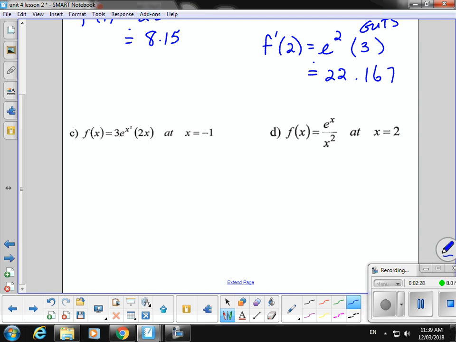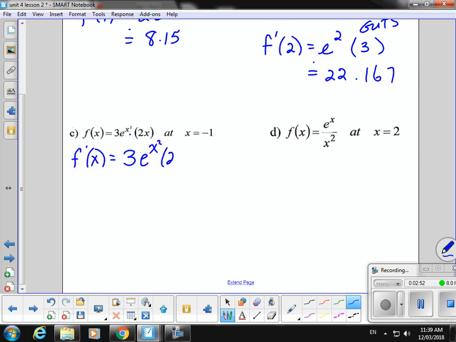Okay, next example. We have a product rule again. And we have a chain, sort of, in there in the first part. So I've got 3e to the x squared times 2x. So my derivative would be derivative of the first. Well, the derivative of the first is 3, derivative of e to the something is e to the something, but don't forget the guts.